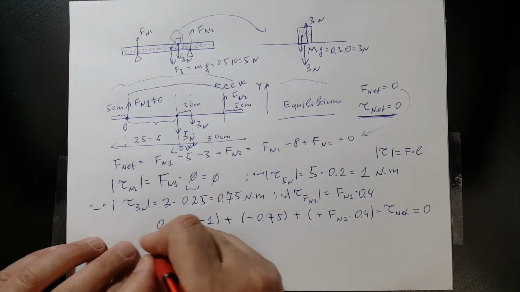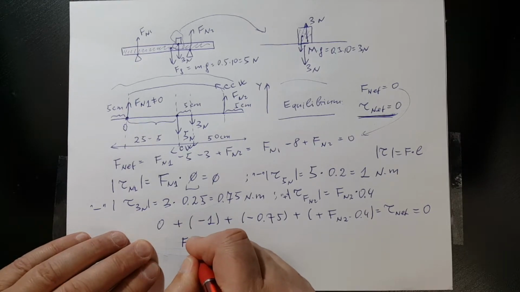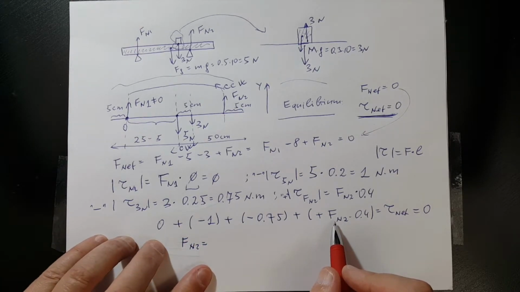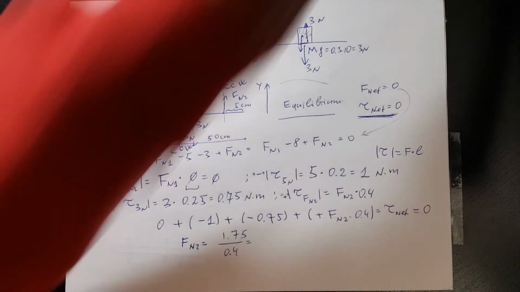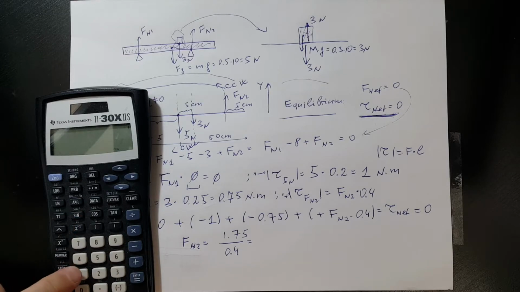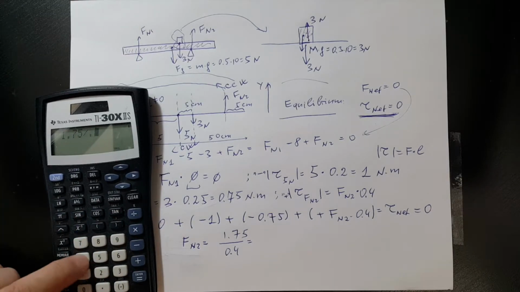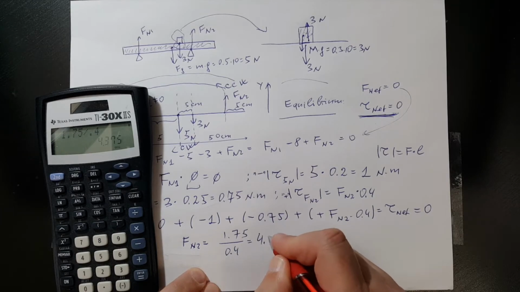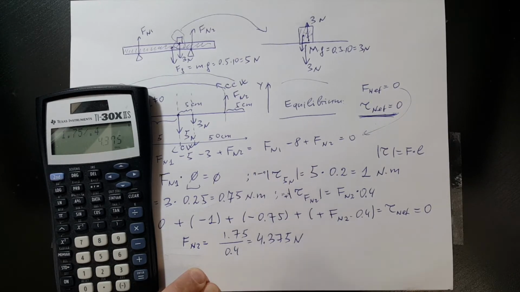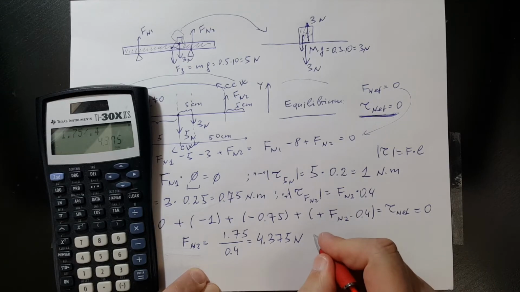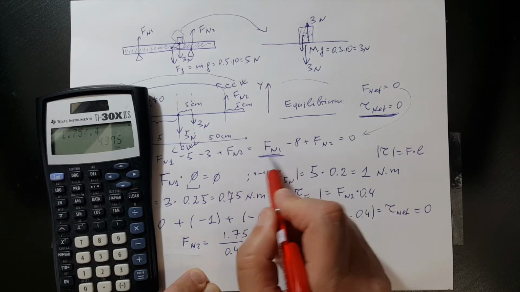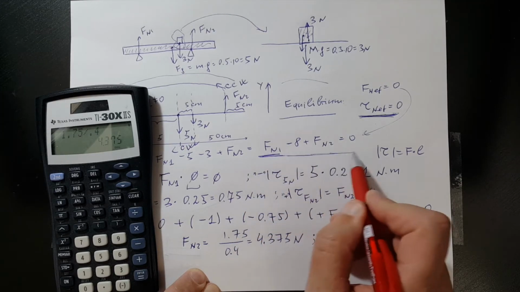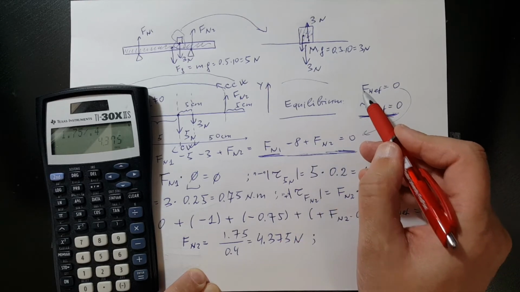So now, of course, we can quickly calculate this force: 1.75 over 0.4, which is 4.375 newtons. Well, are we done? Not yet. We need to calculate one more force, but now we can use this equation, which didn't work originally.